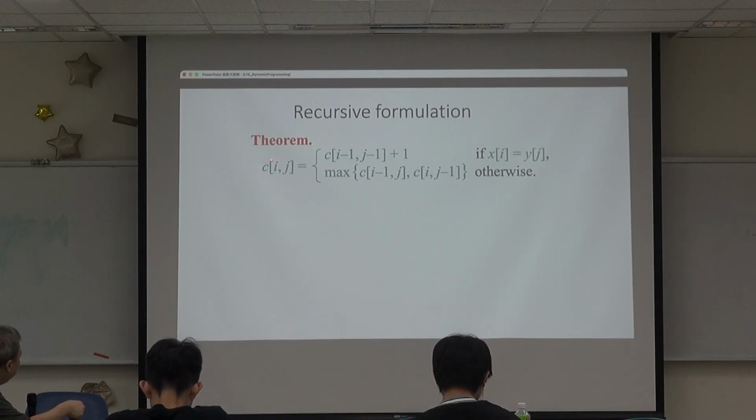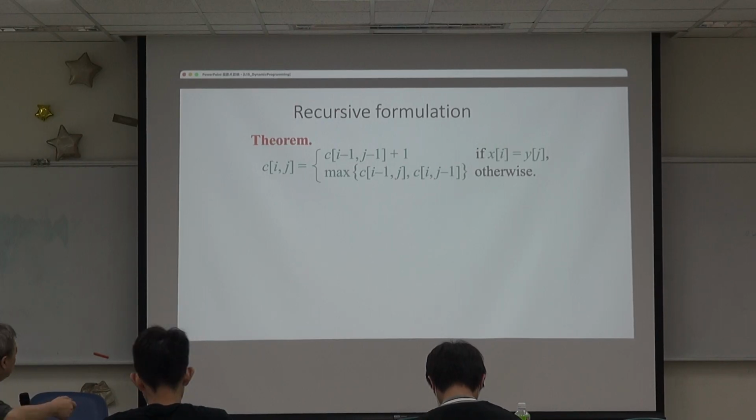Your Cij, if the last character of the prefix from x and the prefix from y match, then your Cij should be Ci minus 1, j minus 1 plus 1, right?